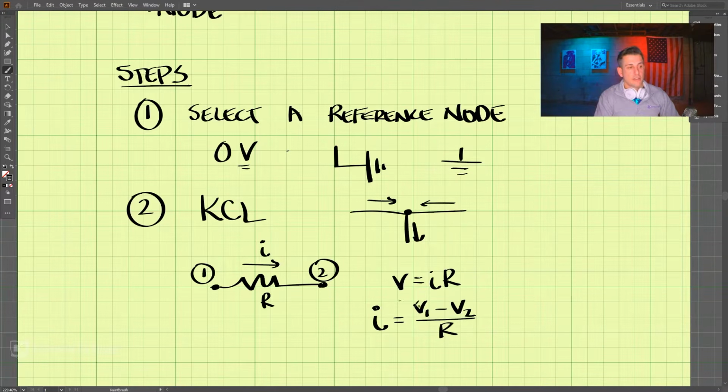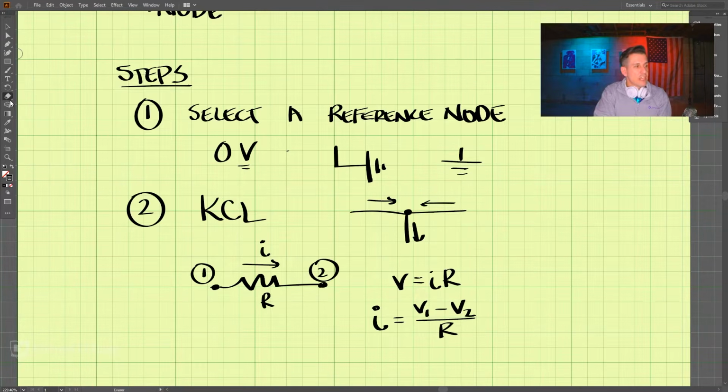V1 minus V2 divided by R is the current here, I. Now remember the order. So this current flows from high to low. So current flows from high to low. So V1 here is higher than V2.